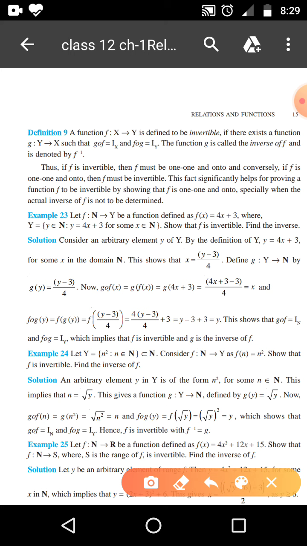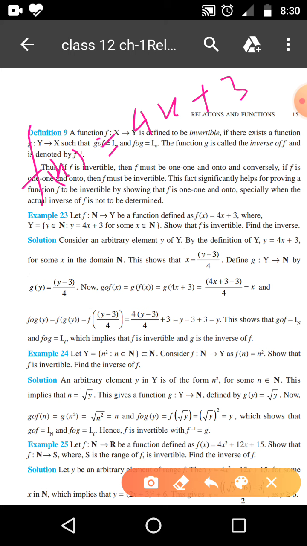So let us see example number 23. Let f from N to Y be a function defined as f(x) is equal to 4x plus 3, where Y is equal to the set of y such that y is equal to 4x plus 3 for some x belongs to N. Show that f is invertible and find its inverse. So given f(x) is 4x plus 3, we need to find the inverse of this function, and show it is invertible. So we need to show f is 1-1 and onto.